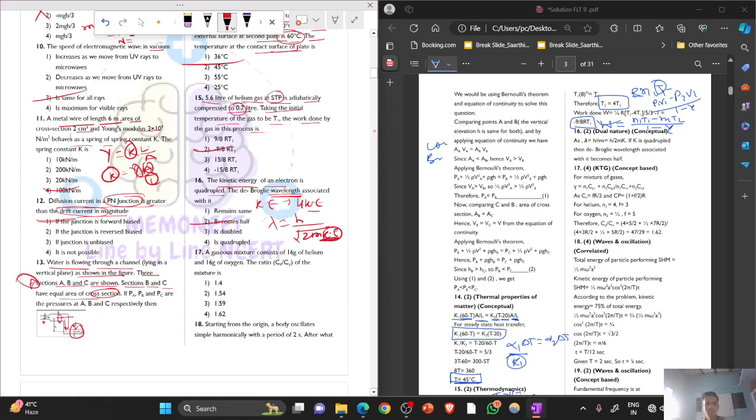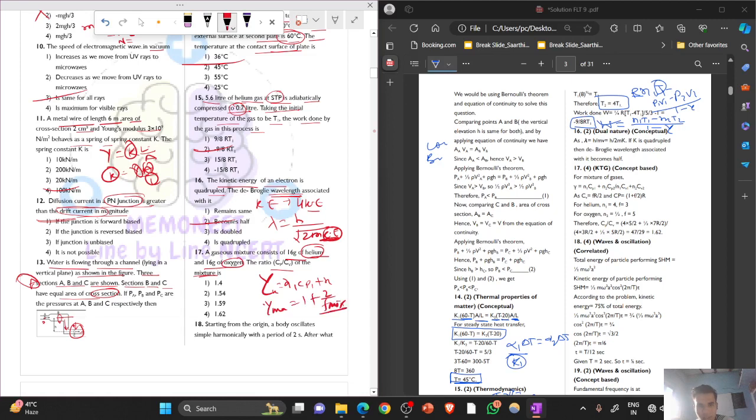A gaseous mixture consists of 16 gram helium and 16 gram of oxygen. You know that for helium and oxygen, you just need to calculate Cp by Cv, that is gamma. You can use the formula for the mixture. It is asking for the mixture. So for the mixture, you can use this formula: gamma mix will be simply 1 plus 2 by f mix.